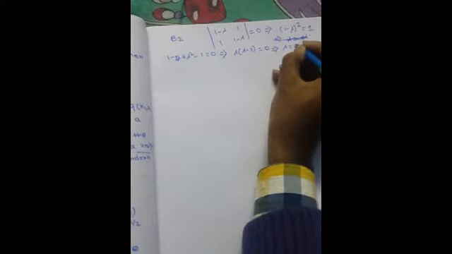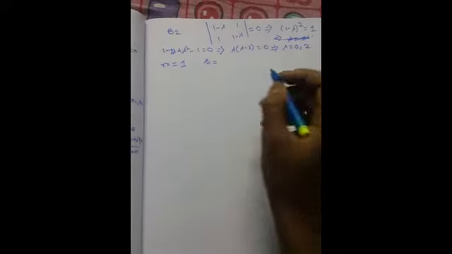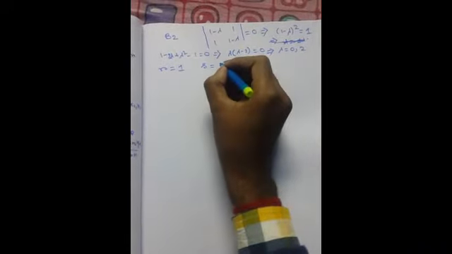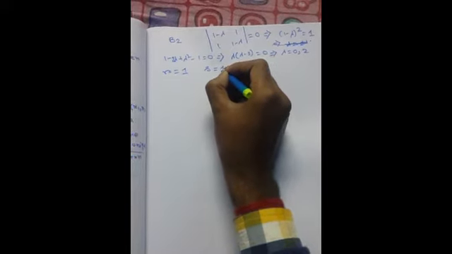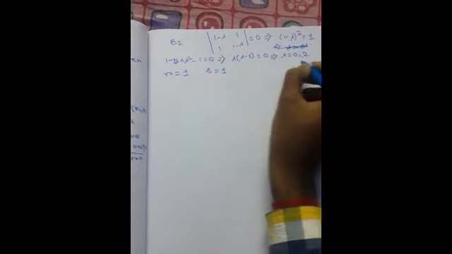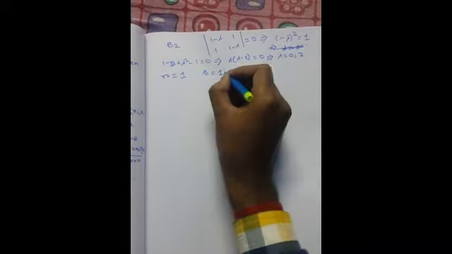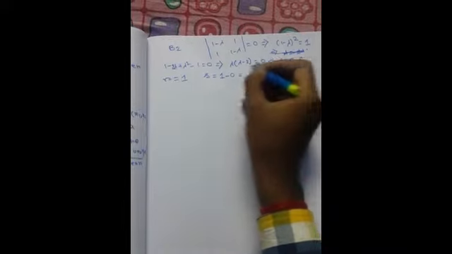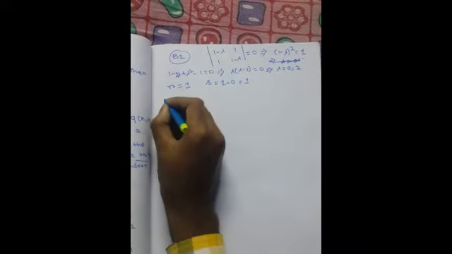This implies lambda equal to 0 and 2. So what is rank? Rank is the number of non-zero eigenvalues. Here the non-zero eigenvalue is only 1, so rank is 1. And signature is the number of positive eigenvalues minus the number of negative eigenvalues. The number of positive eigenvalues is 1, and the number of negative eigenvalues is 0. So signature is 1.